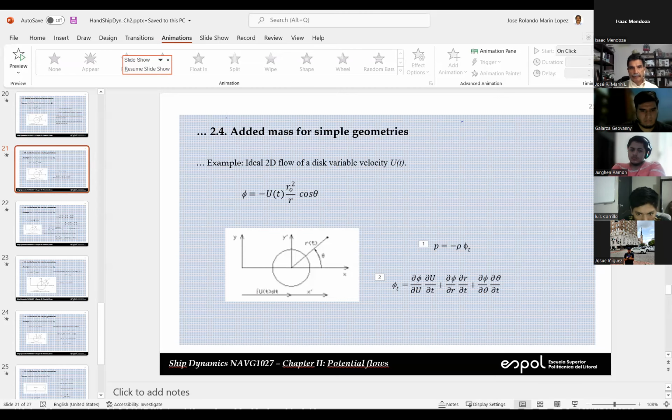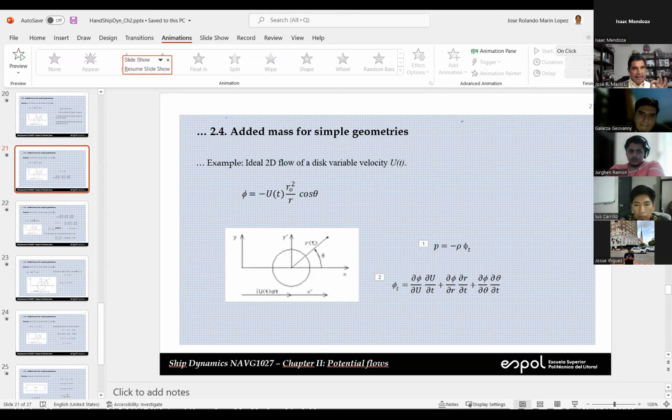No? Okay, now, in the next section, we're going to consider a very similar problem, but there is going to be a large difference. And this large difference is that now the velocity is not constant. It's not a steady problem.